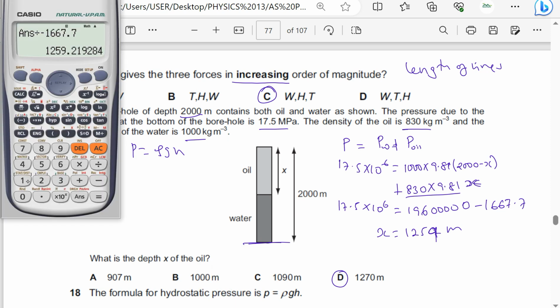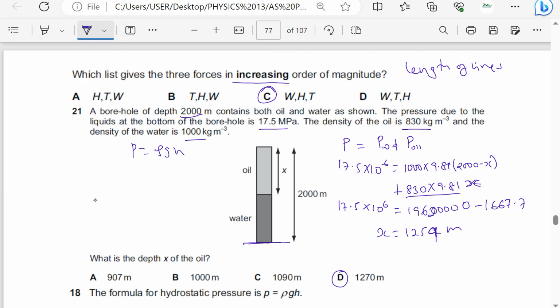I'll check it again. 1000 times 9.81 times 2000 is 19620000.